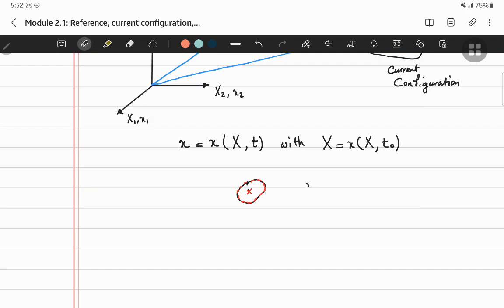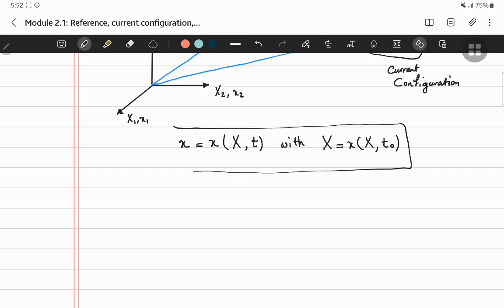It says that both x and X are the same at t0, at the initial time, sorry, both initial and current configurations coincide. So they are the same. That's why we wrote it like this. So you put an angle around it.